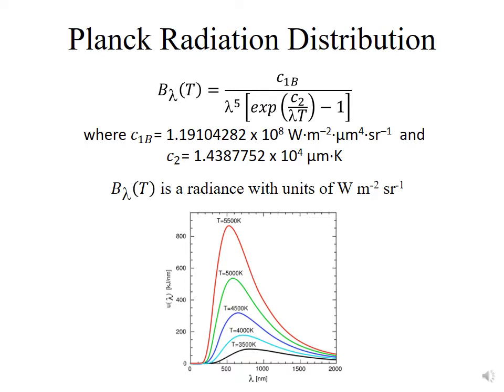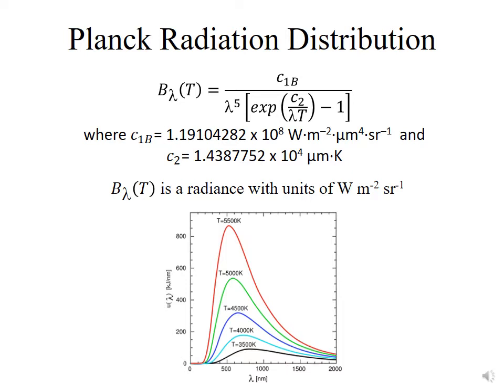As you recall, the Planck radiation distribution is one of the blackbody radiation laws. We had this B lambda as a function of temperature. This is the Planck distribution essentially, and it shows how the emission of radiation changes as a function of wavelength and temperature for a black body.